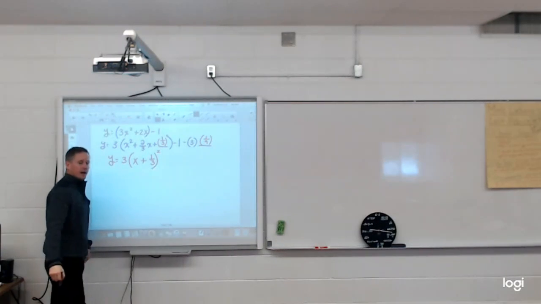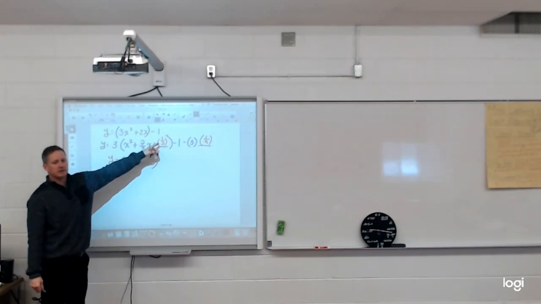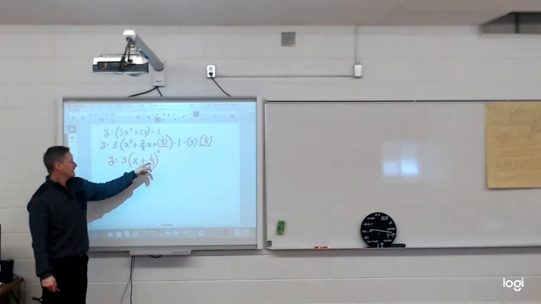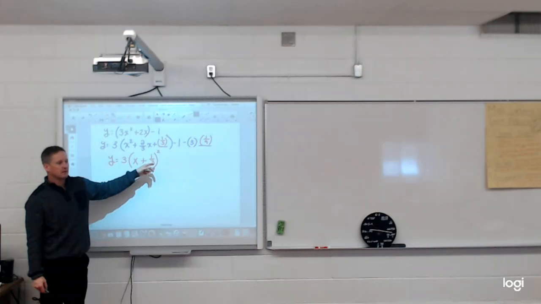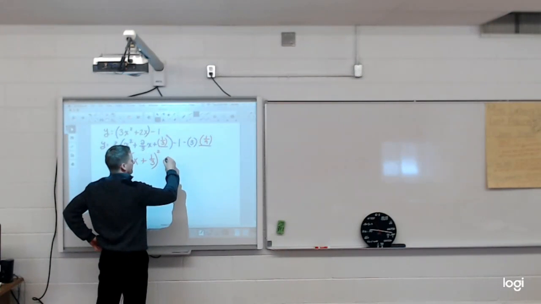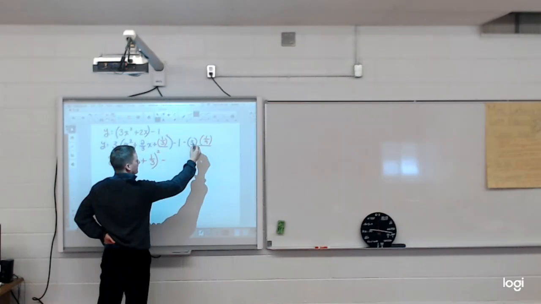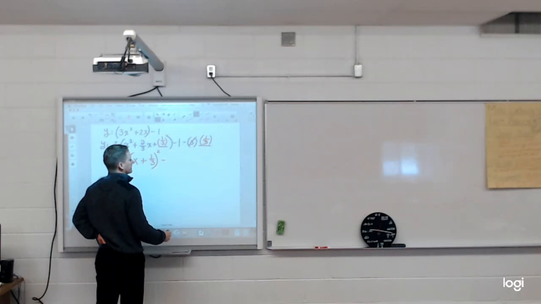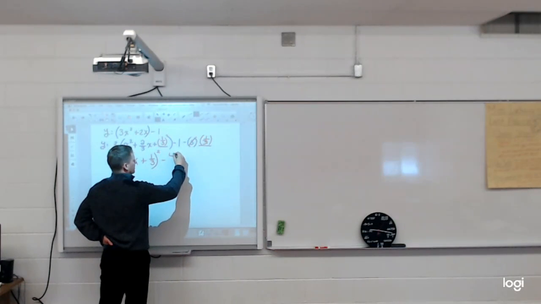You notice every time I do this, I write it as 1/3 squared, I write it as 3 squared. The reason I do that is because then that value goes right there. Okay, so now I've got minus 1. See, that goes to a 3 like that, so it's minus 1, subtract the third, which will be minus 4/3.